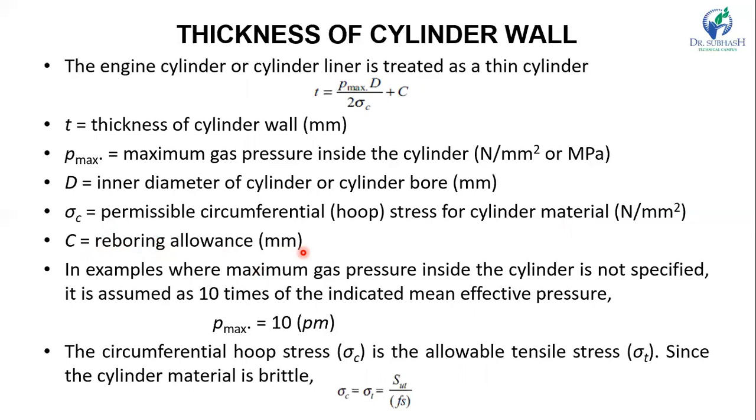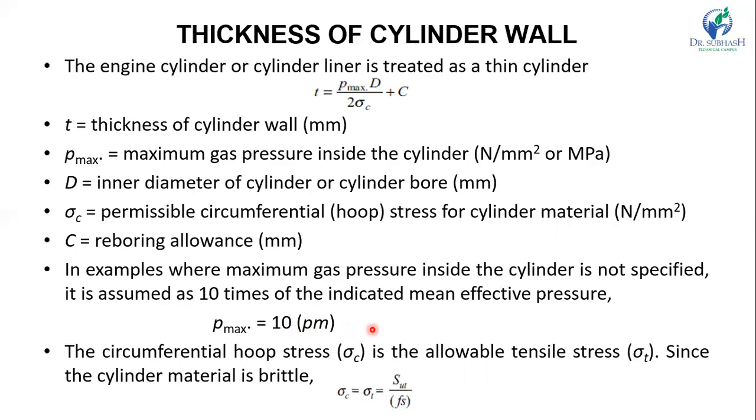In an example where the maximum gas pressure inside the cylinder is not specified, it is assumed as 10 times the indicated mean effective pressure. So P maximum is taken as 10 into PM, where PM is the indicated mean effective pressure.